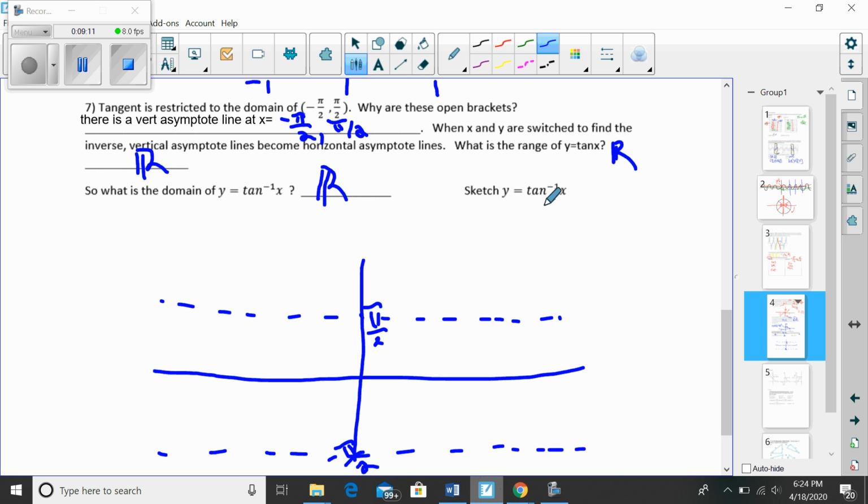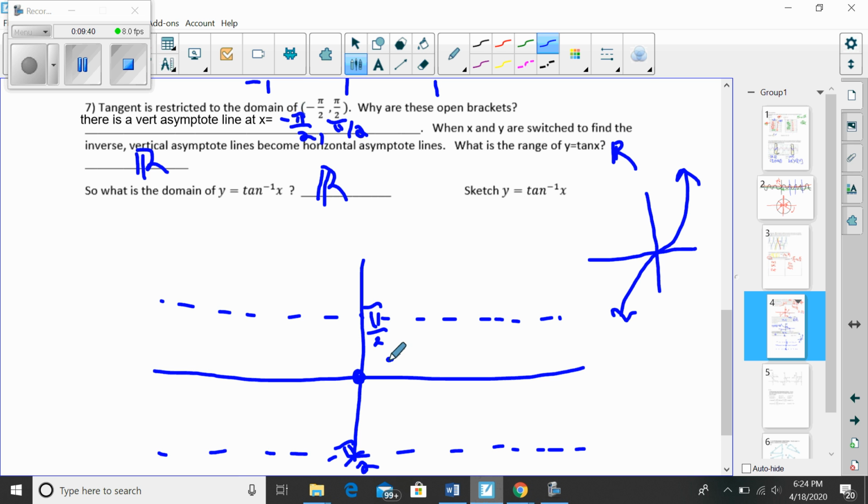And now I'm asked for a sketch. So remember, the graph of tan looked like that, right? With asymptote lines at positive pi/2 and -pi/2. If I switch the point 0, 0, it stays 0, 0. Remember, I was at the point pi/4, 1.